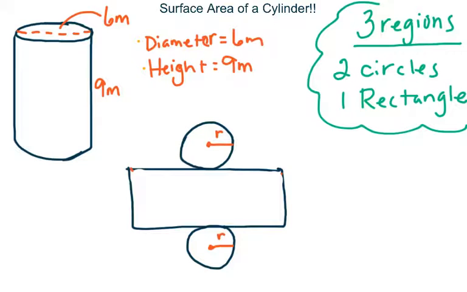Now, in general, a cylinder, in the green bubble, has 3 regions. We have the 2 circles, which are the top and the bottom of a cylinder. Think of a can of soup or whatever can you have. And there's actually a rectangle that has been rolled up around the circles.